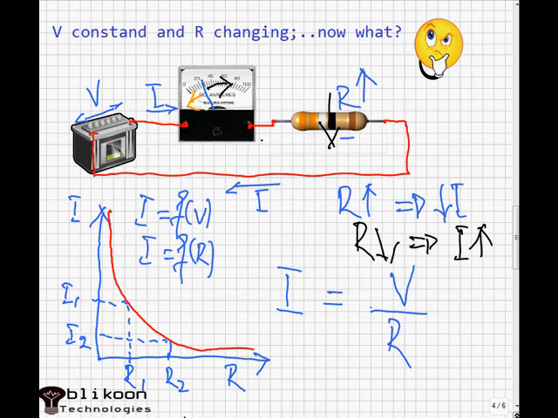The first one is current as a function of voltage, and if we compare it to what we used to see in mathematics, it's like y equals ax. The second one, current as a function of resistance, it's like y equals a divided by x.